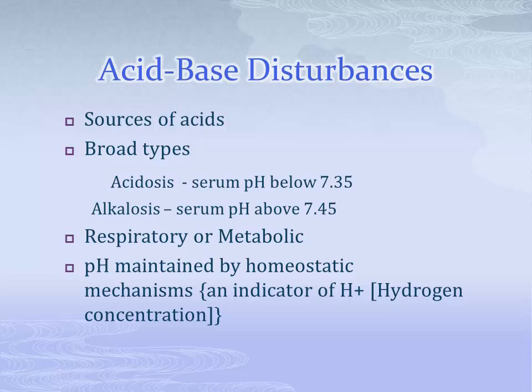So sources of acids are retention of carbon dioxide or retention of metabolic acids from metabolism. And then we have the two types of acid-base disturbances, and each one of those can occur in respiratory or metabolic.